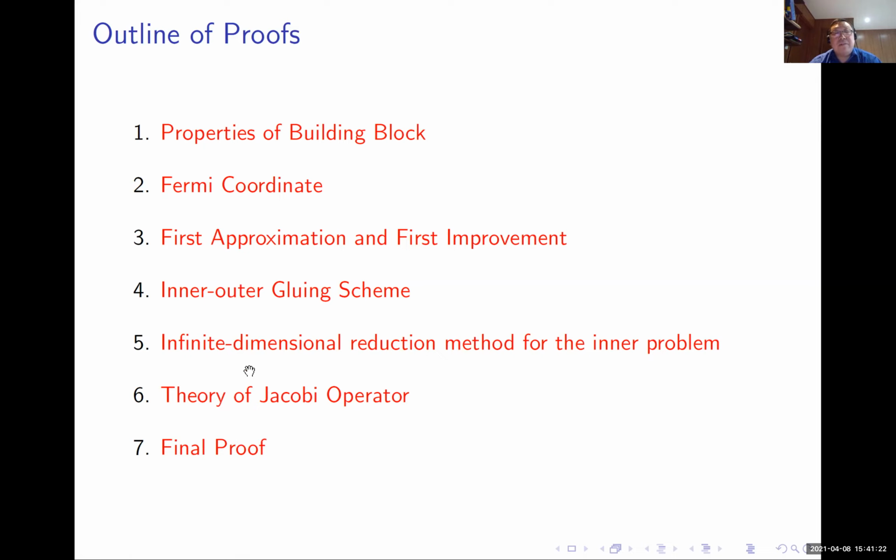So this is the outline of my proof, and what I want to emphasize is this inner-outer gluing. This is a way to reduce your problem to the whole space.